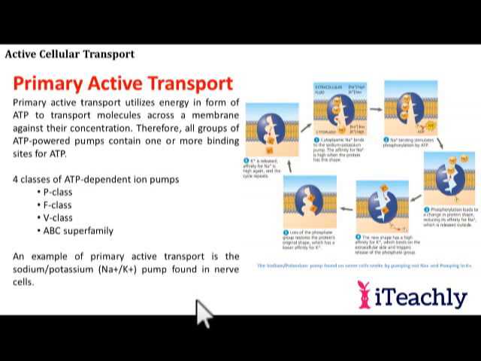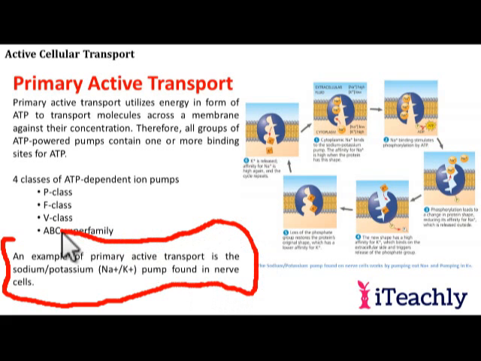All right, you do not need to write all of this down, but I do want you to write this last piece down. An example of that primary active transport is that sodium-potassium pump. It's found in nerve cells.